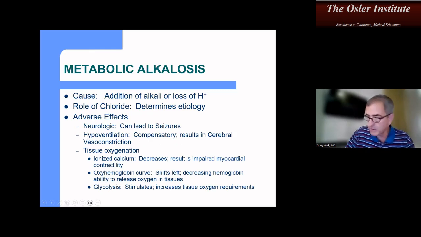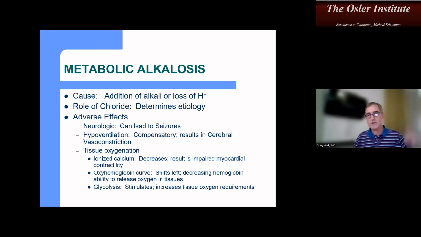Let's talk about metabolic alkalosis outside of this by itself. This is a disorder caused by addition of alkali or loss of acid. And the role of chloride, now we get back to the kidney again, if it helps determine the etiology. So there are various effects you can get from a metabolic alkalosis.